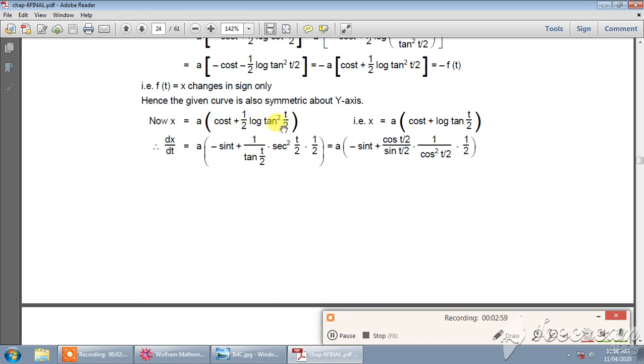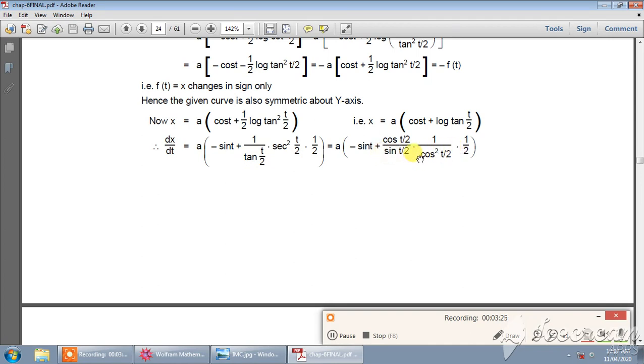And derivative of log of tan t by 2 is 1 upon tan t by 2 into derivative of tan t by 2, which is sec square t by 2, into derivative of t by 2, which is 1 by 2. If we take this sec square t by 2 into the denominator, we get 1 upon cos square t by 2, and tan t by 2 is sin divided by cos. One cos will get cancelled, we get 2 sin t by 2 cos t by 2, which forms sin t.